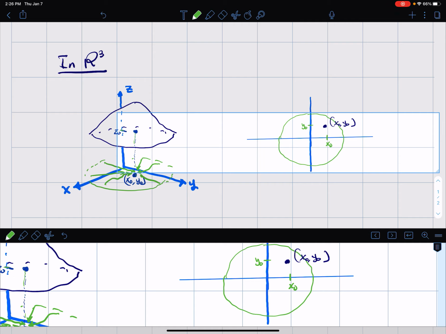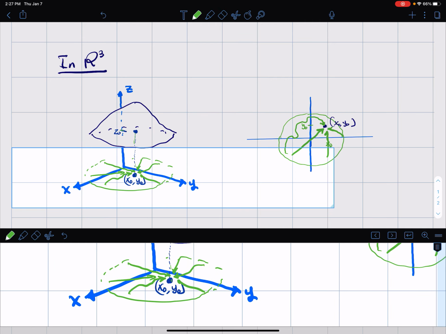And they don't have to be straight lines, they could be like this, right? So wherever we're approaching the point x naught, y naught from, the limit has to be equal to z naught.